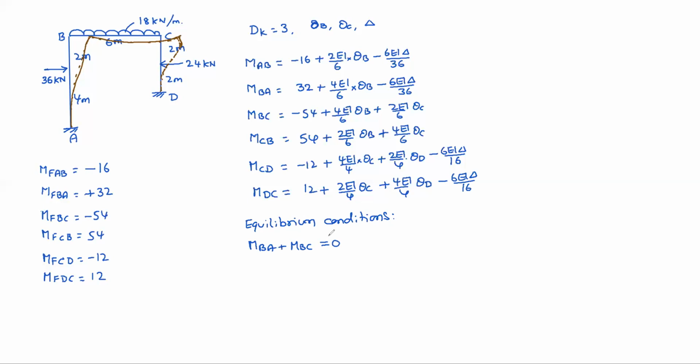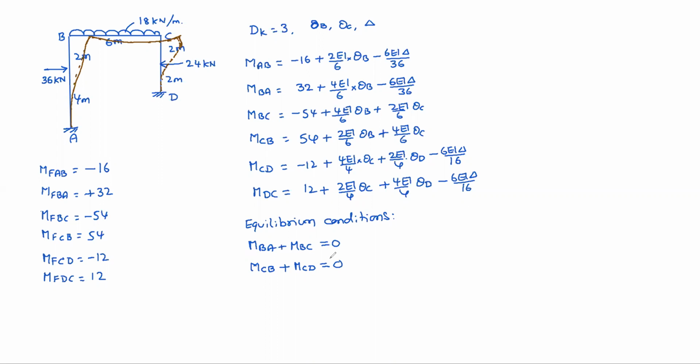If there is an external moment, then you can equate to that moment. One more equation at C: MCB plus MCD equals 0. So two equations, but we need three equations, right? What is the one more equation? MDC is not important here, D is a fixed support, so the third equation is theta D equal to 0.